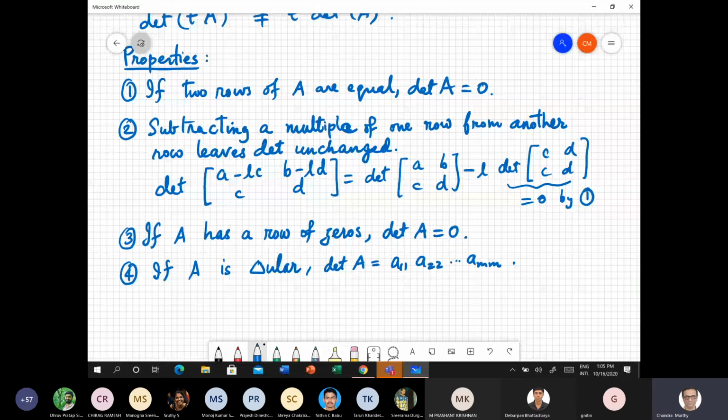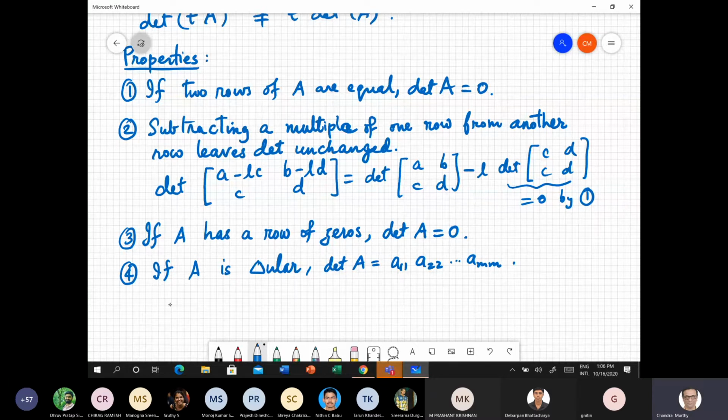And for upper triangular matrices, the determinant is the product of the diagonal elements. And therefore, one way to compute the determinant of a matrix is to first find the row reduced echelon form and then take the product of the diagonal elements. And then you also keep track of how many row exchanges you had to do in the process of finding the row reduced echelon form. If you had to do an even number of row exchanges, then the determinant is simply the product of the pivot elements. If you had to do an odd number of row exchanges, then the determinant is the negative of the product of the pivot elements.